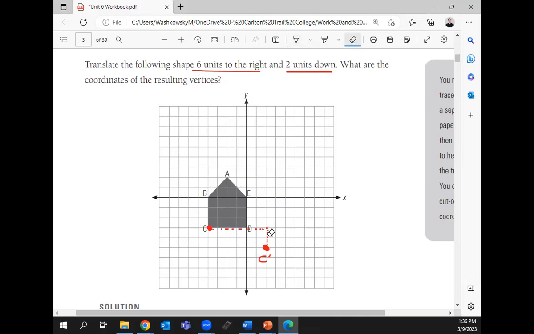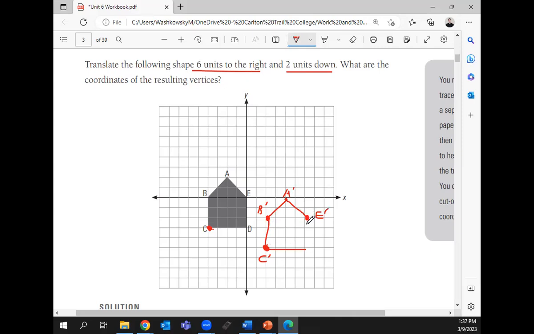You can just look at your original shape and do some really quick math. I can see that if I go 3 up, I end up at B, so if I go 3 up, I'm now at my B prime. Then 2 diagonal is my A, so that's now my A prime. 2 more diagonal is my E prime.